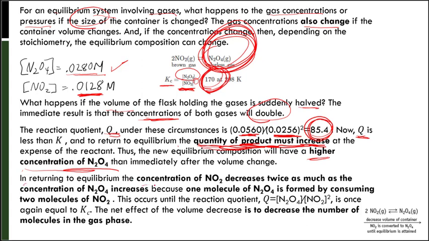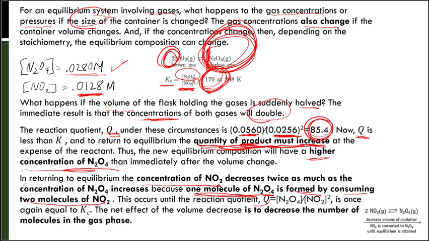In returning to equilibrium, the concentration of NO2 decreases twice as much as the concentration of N2O4, because look at the stoichiometric ratio. One molecule of N2O4 is formed by consuming 2 molecules of NO2.